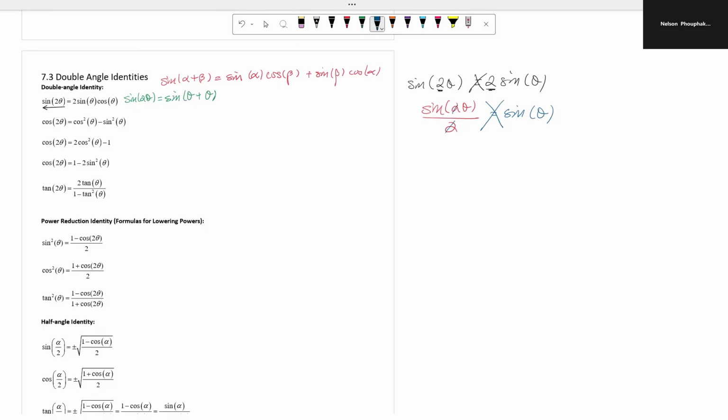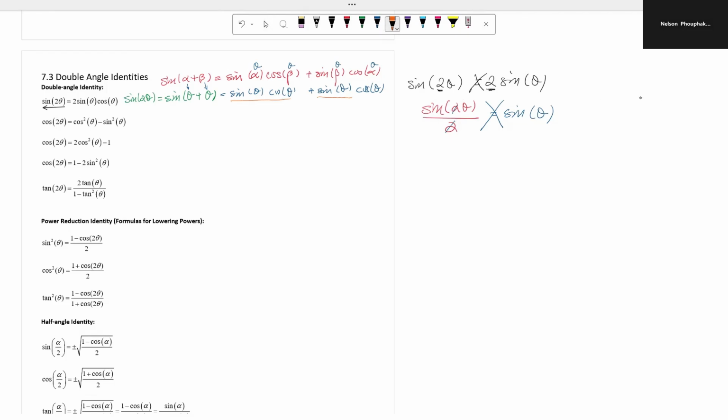And now if I replace alpha and beta with theta, then I will have sine of theta cosine of theta plus sine of theta cosine of theta.